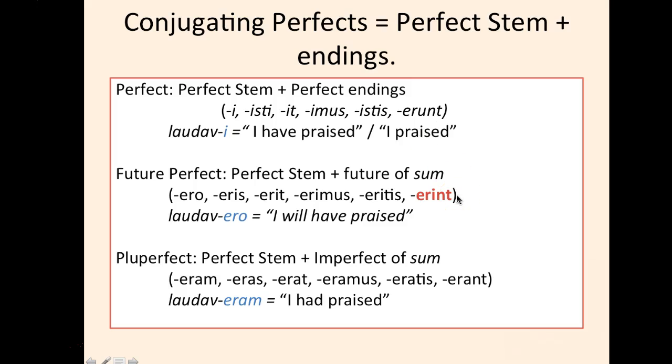In the future perfect and the pluperfect, the perfect stem adds either the future or the imperfect of sum. You remember back when we learned sum and possum, I encouraged you to learn the future and the imperfect of sum cold because it would occur in later formations of verbs, and this is one of those cases.